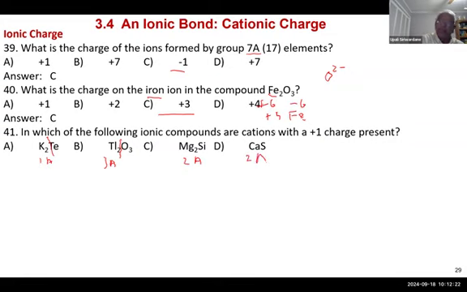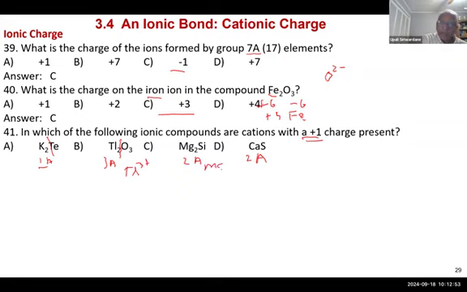Calcium is in the second group, alkaline earth metal, and so is magnesium. Therefore, positive 1 charge is only formed by 1A. Thallium, in this case, is +3.